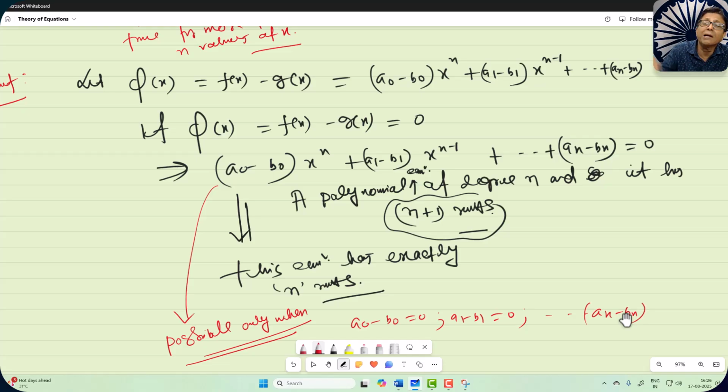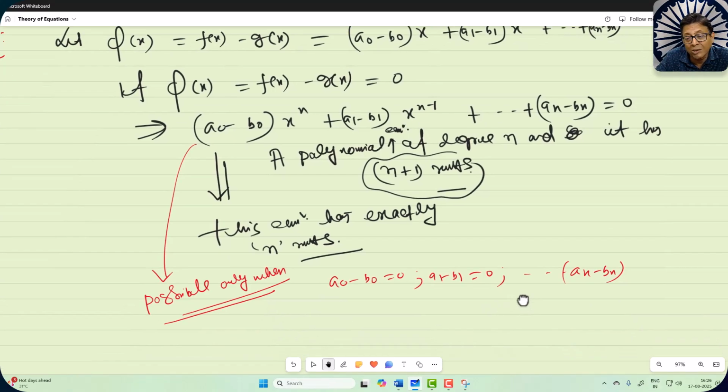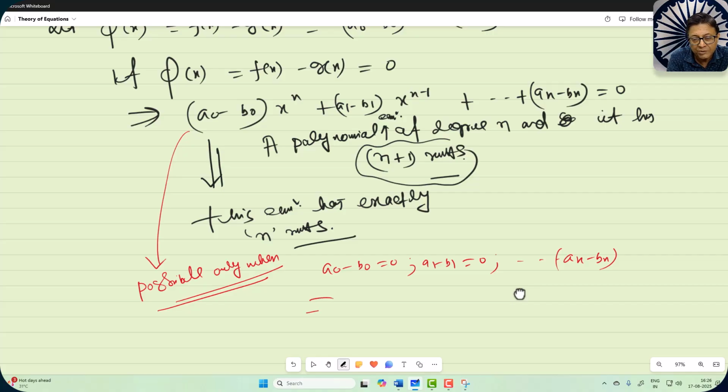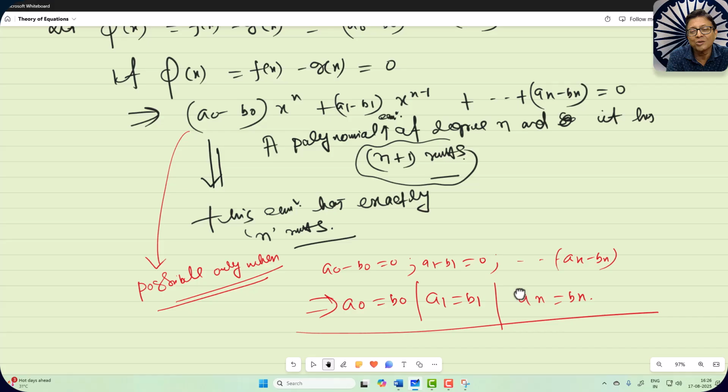Satisfied by more than n values, maybe infinitely many values, and an identity is satisfied by more than n. So in this case, the only possibility is that those coefficients are not existing. Such a situation will never arise. If it arises, then these two must be equal, so they must be identical. Okay? Done?